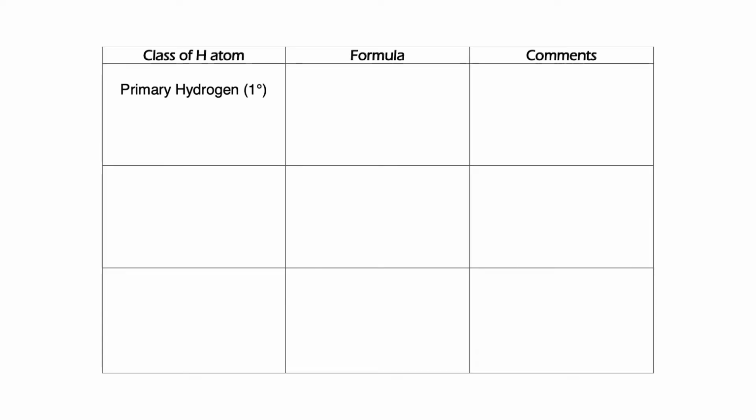Okay, to classify hydrogen, let's take a look at the commands. Okay, primary hydrogen is an atom that attached to primary carbon. So how is it? Okay, so let's see. Okay, kita cuba buat macam yang tadi.